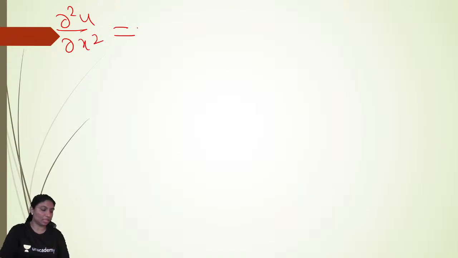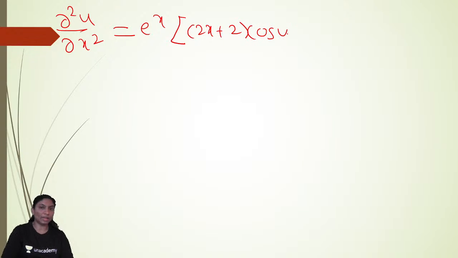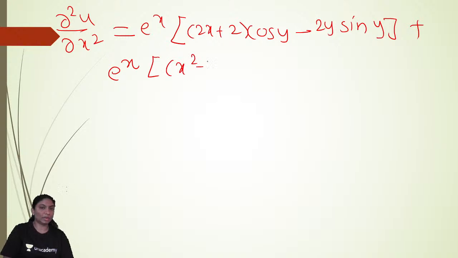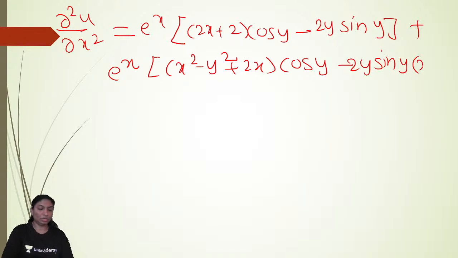So you can write in short here dabba square u by dabba x square is equal to e raised to x into bracket 2x plus 2 into cos y minus 2y sin y, plus e raised to x into bracket x square minus y square plus 2x into cos y minus 2y sin y into x plus 1, right?